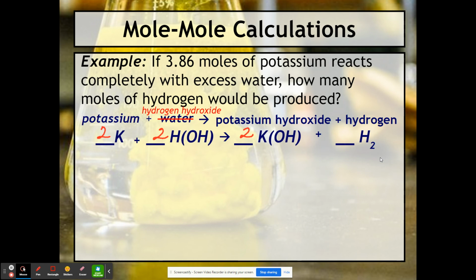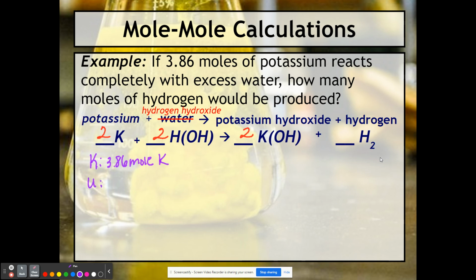Now with those coefficients, we're going to use that to convert in our mole problem. So if 3.86 moles of potassium reacts completely with excess water, how many moles of hydrogen will be produced? So our known is 3.86 moles of potassium.